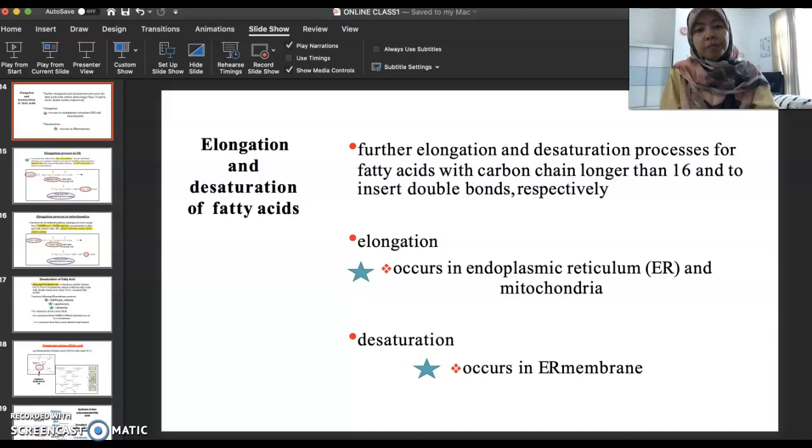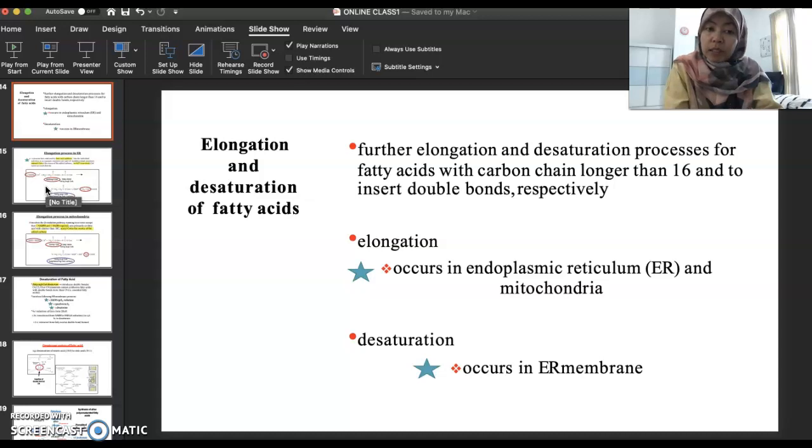Now we are moving on to elongation and desaturation of fatty acid. So for the elongation and desaturation processes of fatty acid, both processes usually occur on fatty acids that have a carbon chain longer than 16.